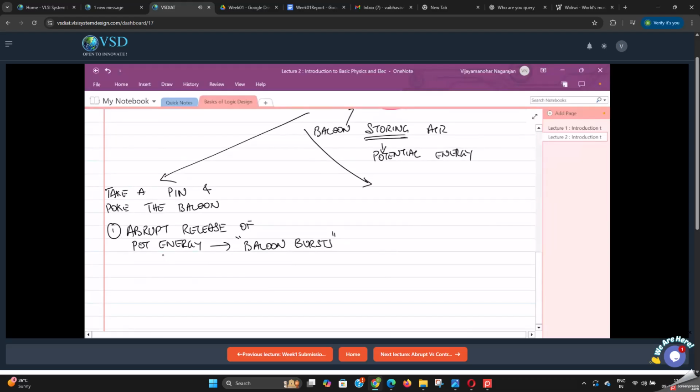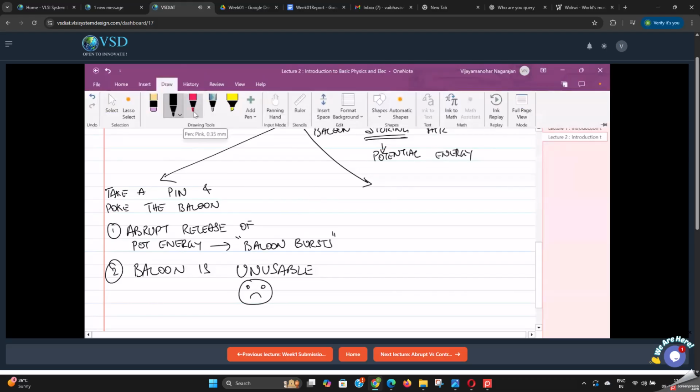Now, after this, the balloon is unusable. This is what happens at the end.